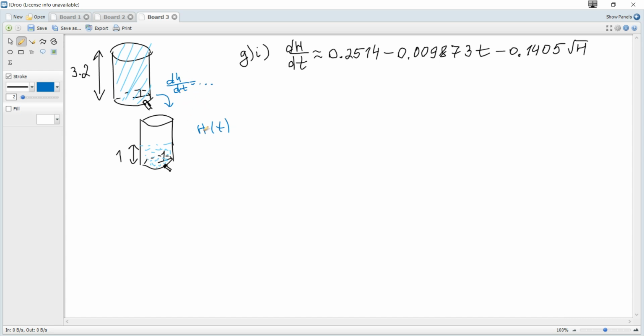So idea is the next, that water from the first becomes water into the second, and also there will be water out from the second.